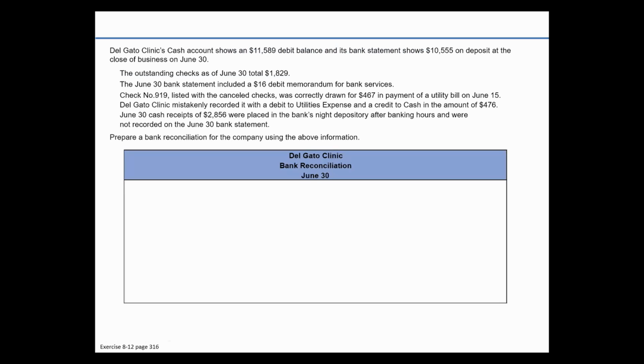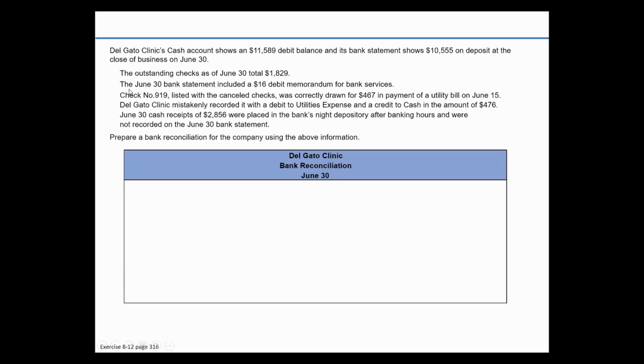The outstanding checks as of June the 30th total 1,829. So what that means is that Delgado Clinic wrote checks out in total in the amount of 1,829 that have not been presented to the bank and paid yet by the bank, at least not at the time that the statement was produced.